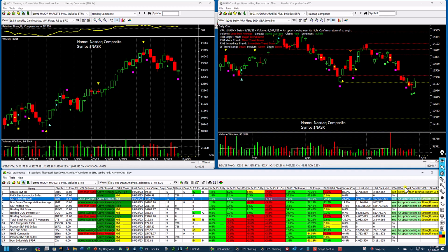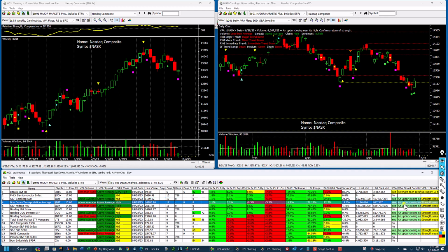Now if you look over here to the right, these are the VPA signal conditions for today, and notice the VPA -1. There was strength seen coming in, no supply, and so on these indexes, and it followed through yesterday. These have all been confirmed now. Now whether that holds up during the market day, we don't know, but things are looking better today.